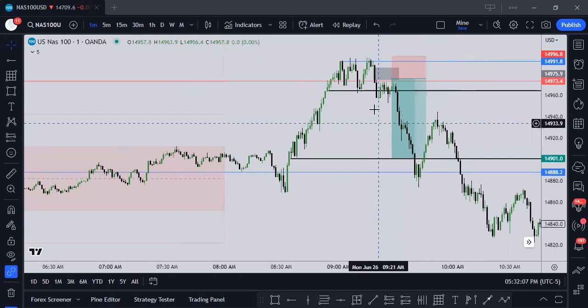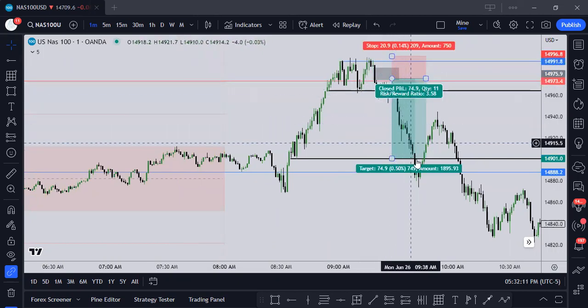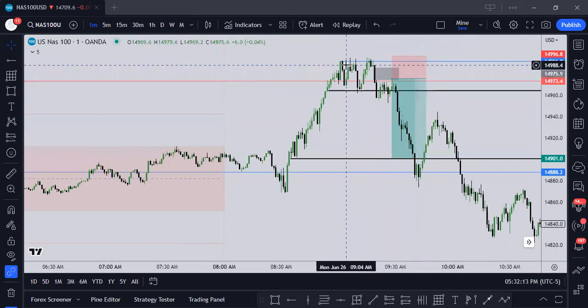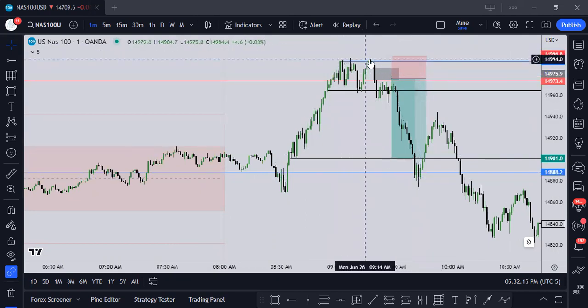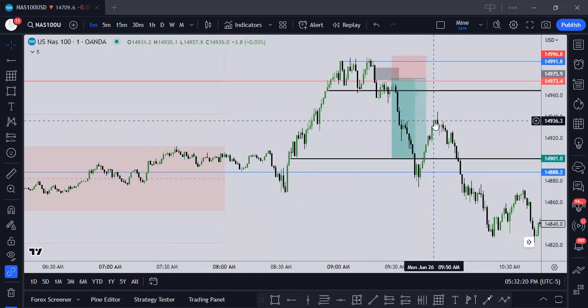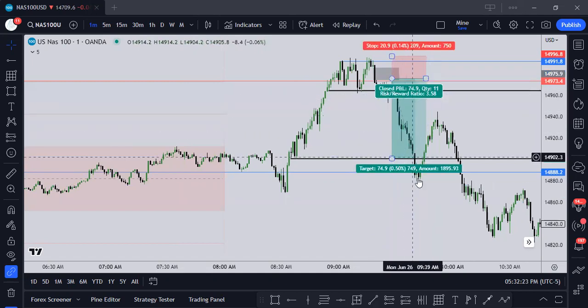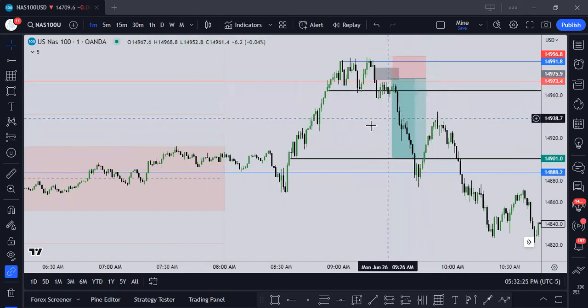Same idea here. Same thing you use to frame this entry. You think about it here. Price ran up, took liquidity, pushed down. If it's retracing, must be for one of two things: an imbalance inside that price run or internal liquidity.